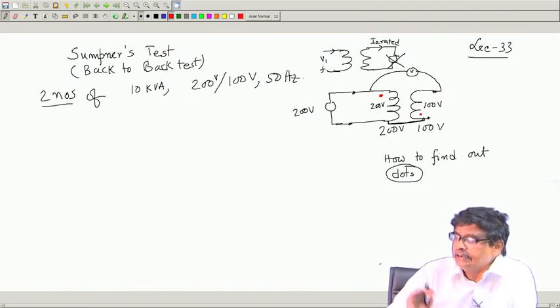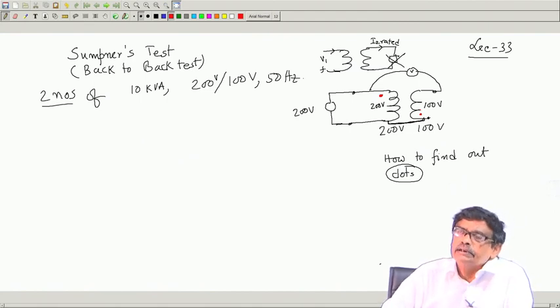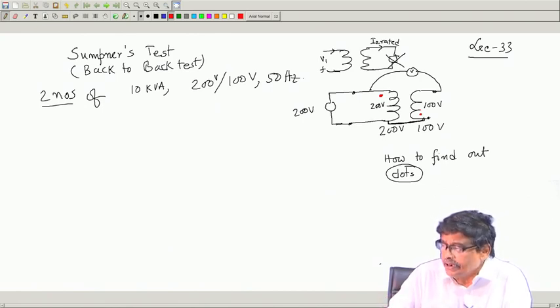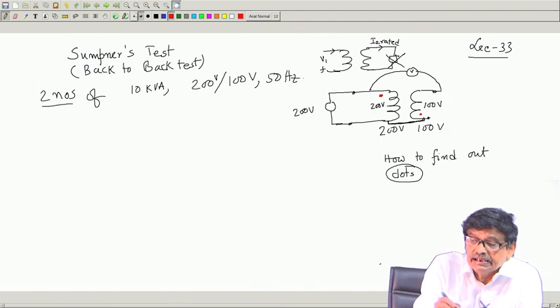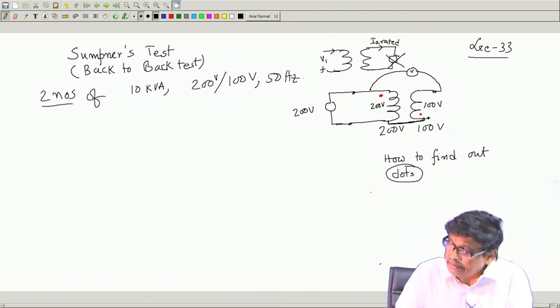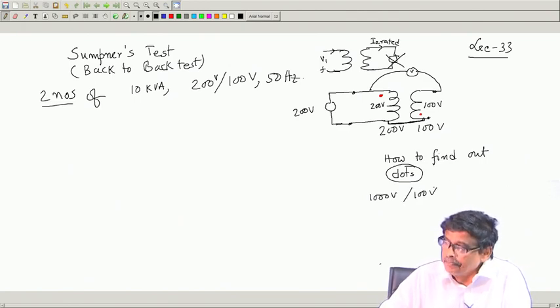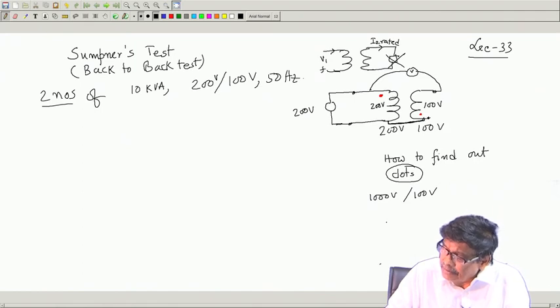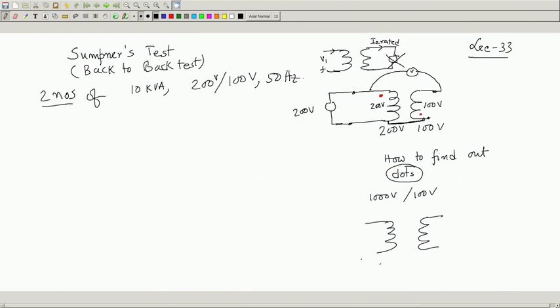Only one thing about this test, the comment is, suppose the ratio of the transformer is very large. For example, you have a transformer whose rating is, say, 1000 volt by 100 volt. In this case, if you apply 1000 volt here, you will certainly get 100 volt, no doubt, and you are free to choose one dot terminal of one of the coils.